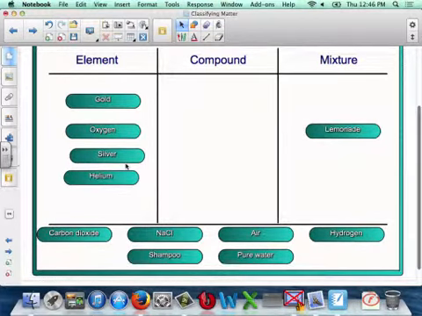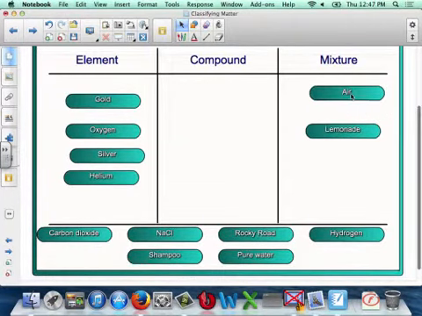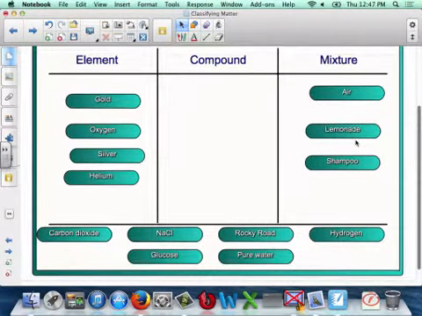Madison. Air is? No. Air is actually a mixture. It's not a compound either, guys. Air is a mixture. Blake. Shampoo would be a mixture.